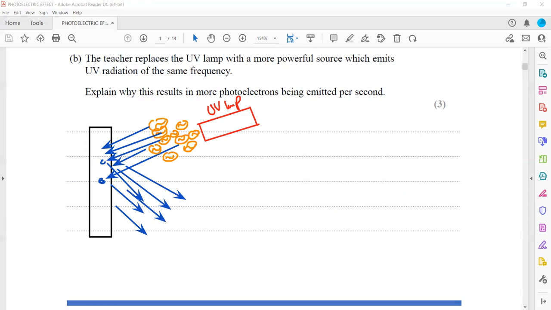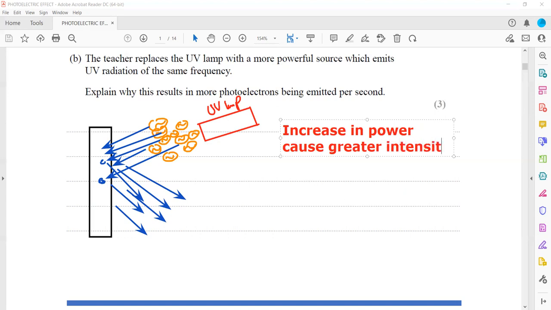So we have to explain why this results in more photoelectrons emitted per second. When we increase the power here, it means we increase the number of photons per second. An increase in the power will give a greater intensity. Higher intensity means there will be more photons in a unit time from the source.